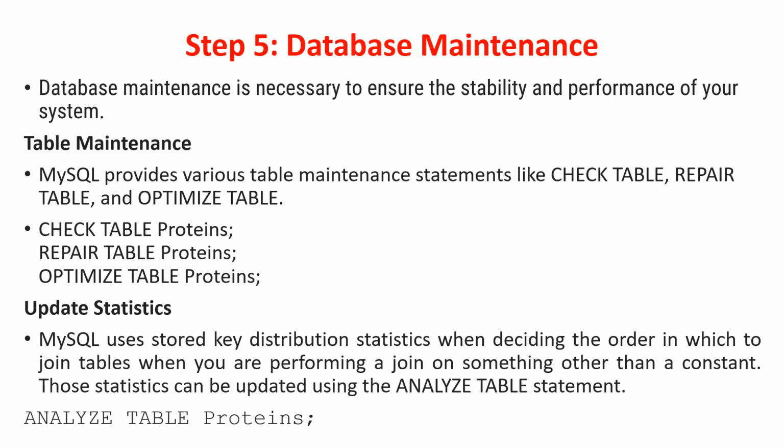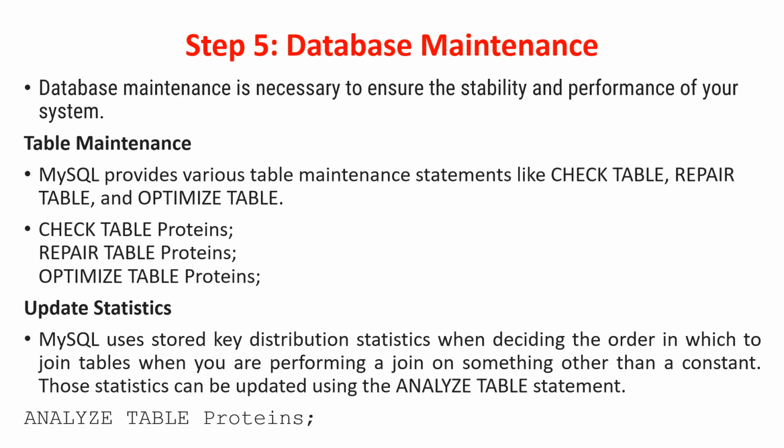REPAIR TABLE proteins: we are trying to repair the table proteins. OPTIMIZE TABLE proteins: we are trying to optimize the table proteins. You also see that all of them end with a semicolon.